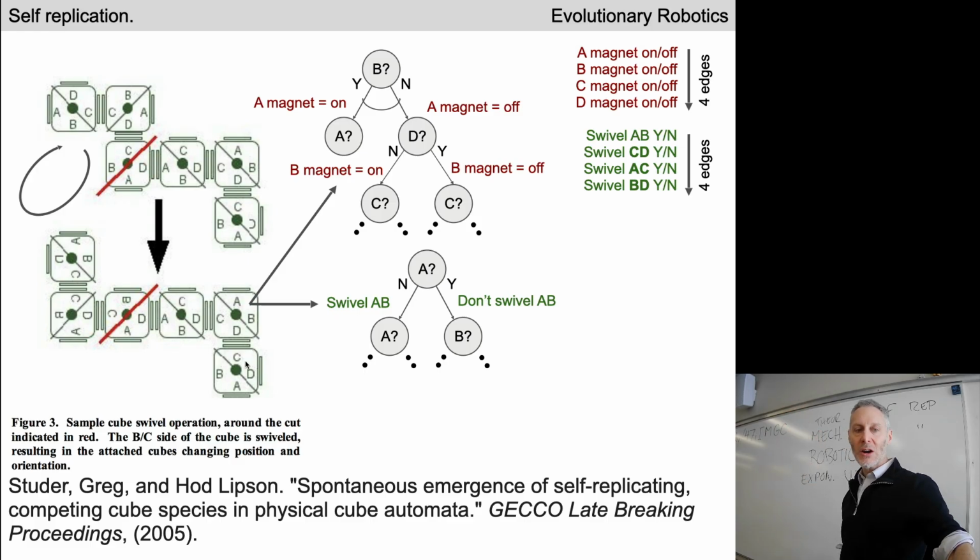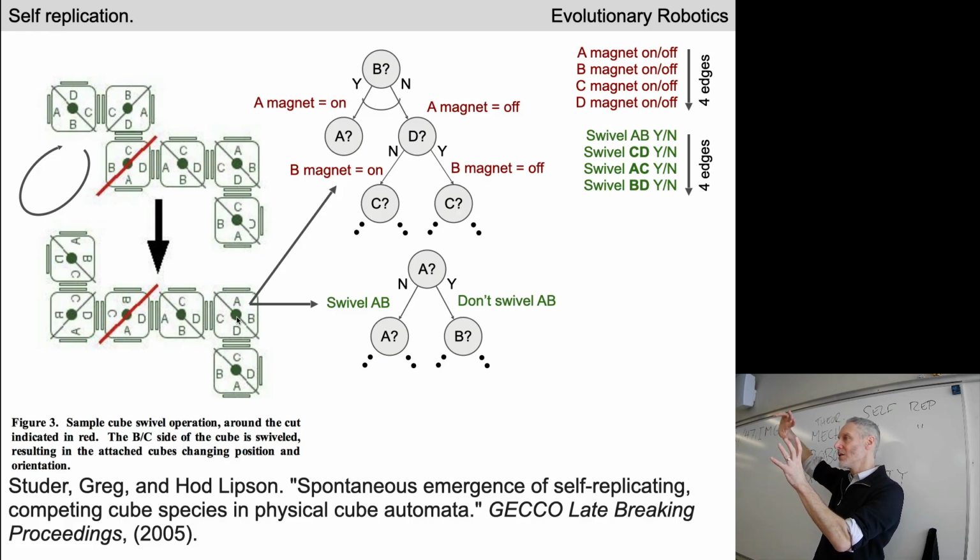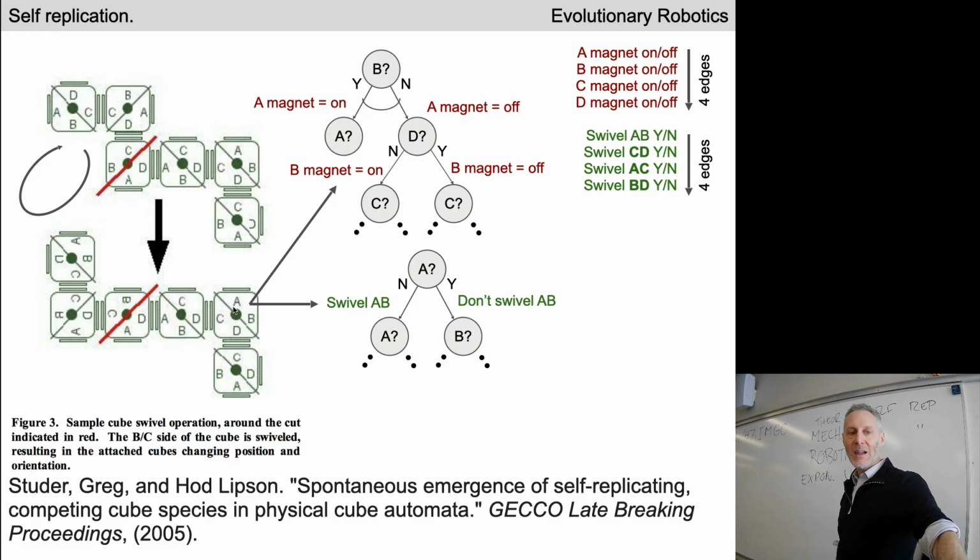You'll notice in this cartoon here, there is something connected to CD, this whole thing. These 5 cubes will rotate along with the rotation of CD if this magnet is on. If this electromagnet is off, then CD rotates and leaves these 5 pieces behind.